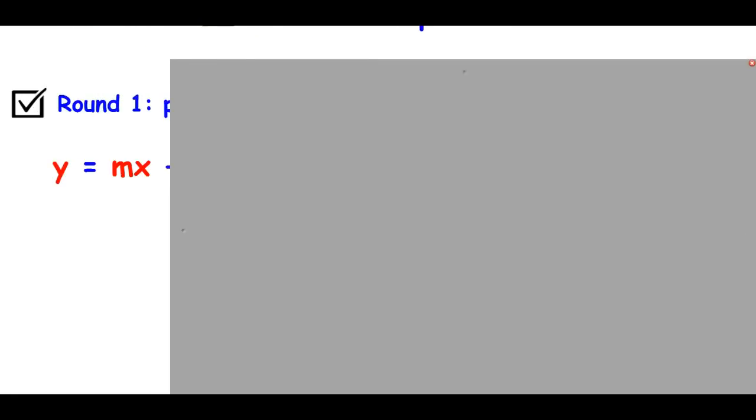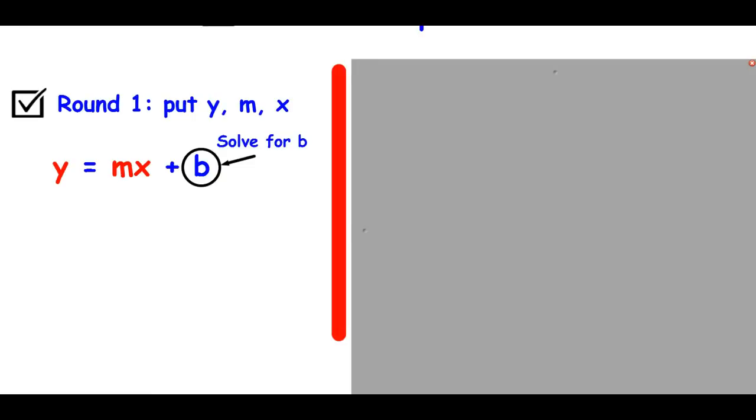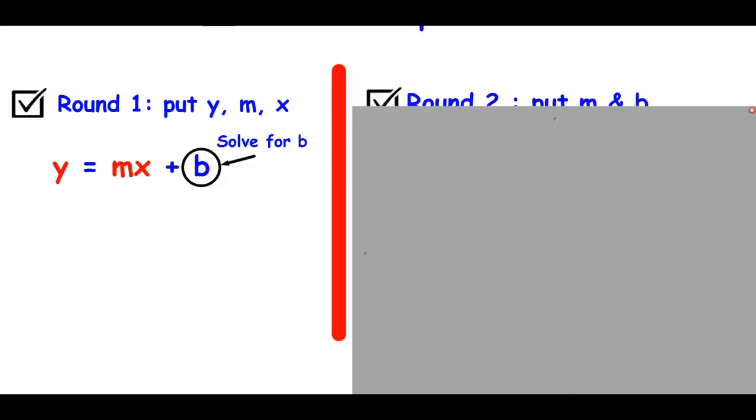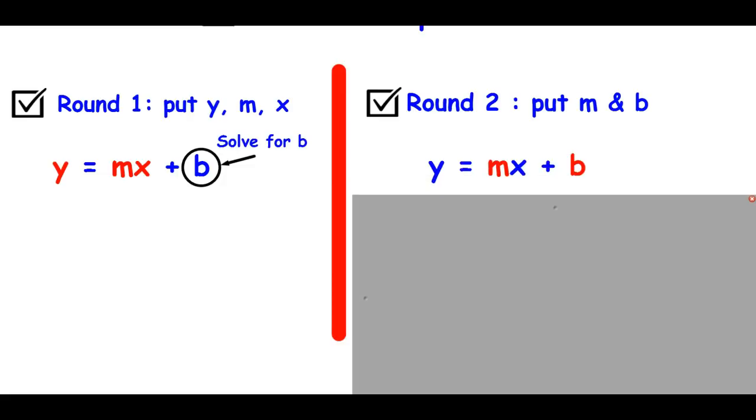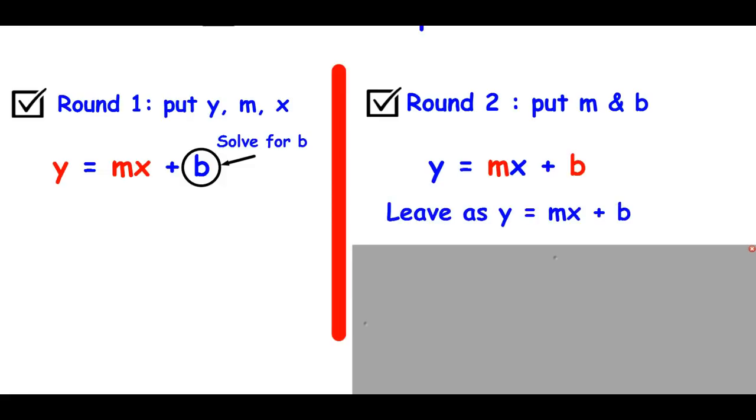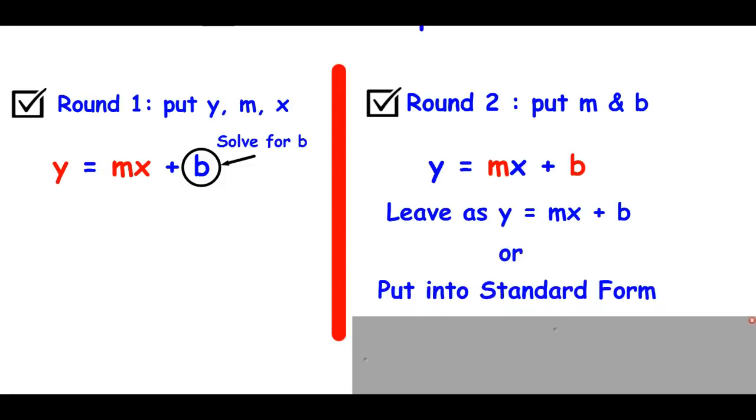Once you've done that, round one, you're going to put in y, m, x and solve for b. Second part, round 2, you're just going to put in m and b. You're either going to leave it as y equals mx plus b, or you're going to put it into standard form.